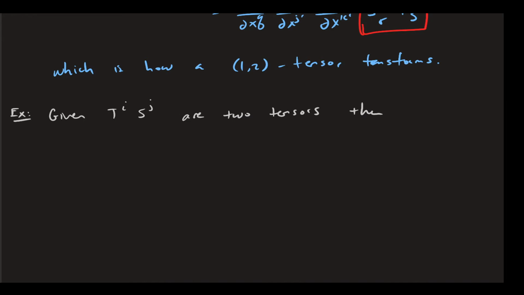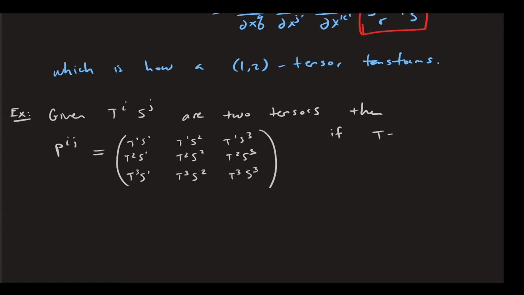Then we'll call it P_ij, which would be equal to t1s1, t1s2, t1s3, t2s1, t2s2, t2s3, t3s1, t3s2, t3s3.